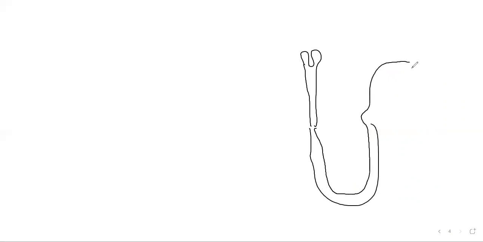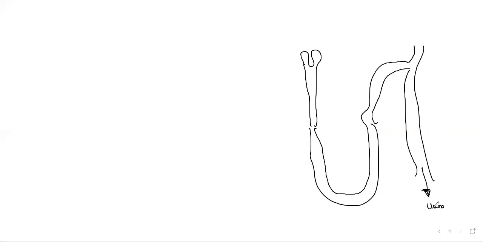Bowman's capsule, proximal convoluted tubule, descending and ascending limb of Henle's loop, distal convoluted tubule, and initial collecting duct. We know where this way goes. What is the end of this road? Urinary bladder.